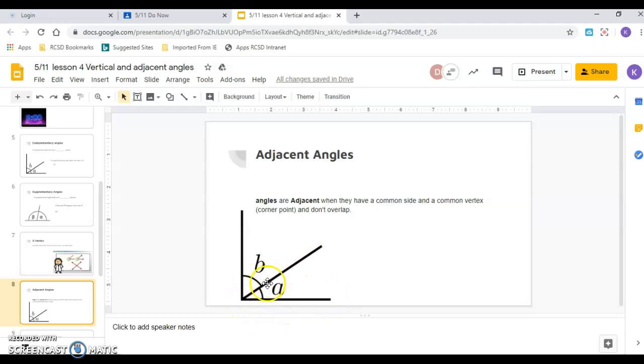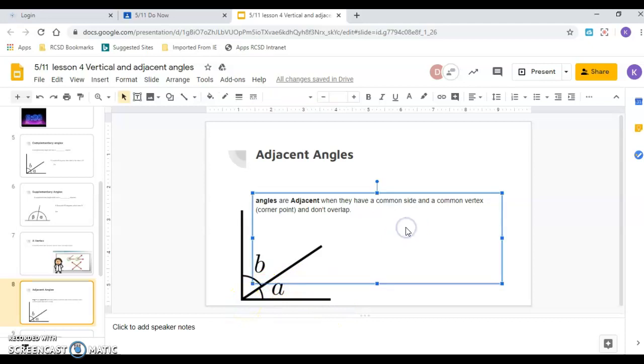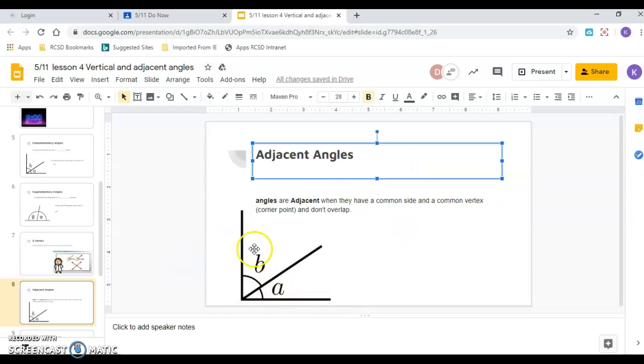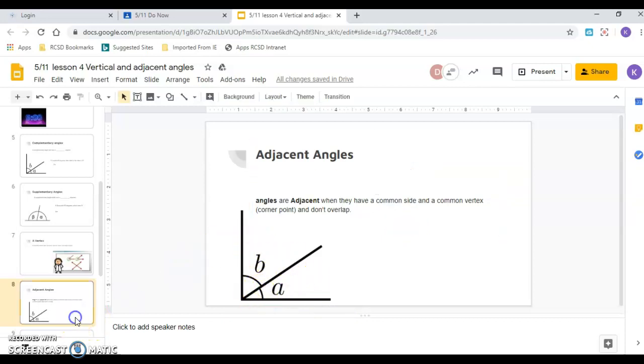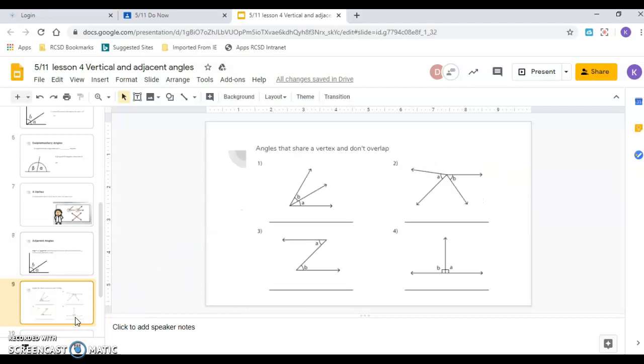A and B both share this line. That's what makes them adjacent. They're next to each other and they share this line and this vertex. If they didn't share this point where they both start, and they didn't share this line, they would not be adjacent. So adjacent, they're next to each other and they share. If you're adjacent, you're next to somebody and you're sharing.